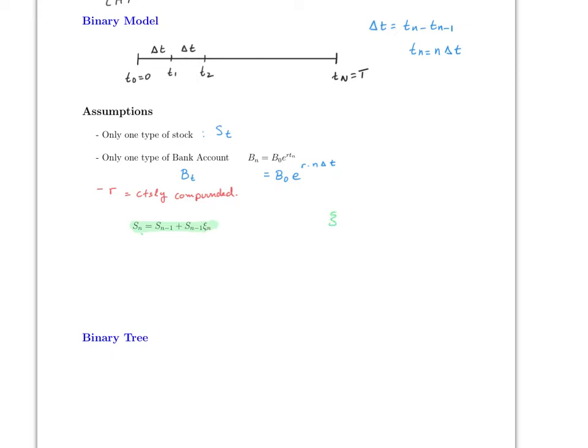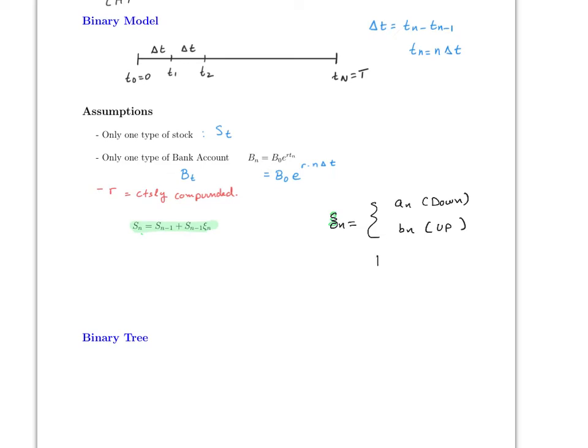Here ξ_n is going to take two values. It will be either a_n if it goes down, or b_n if the value goes up.